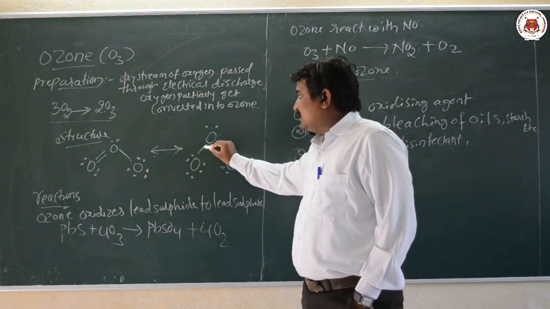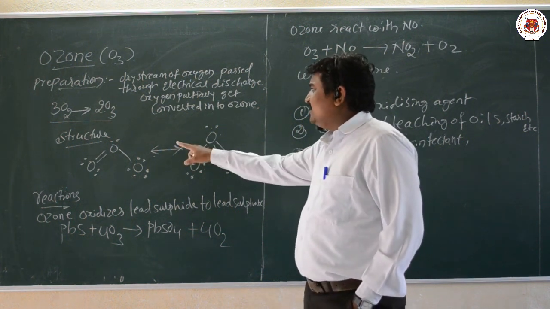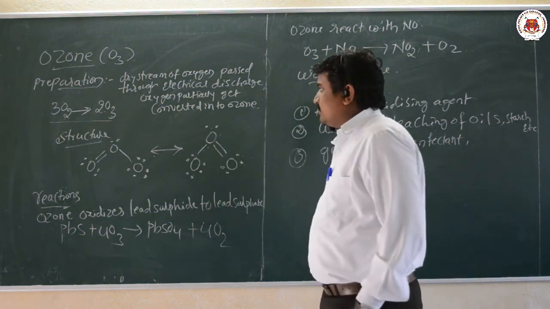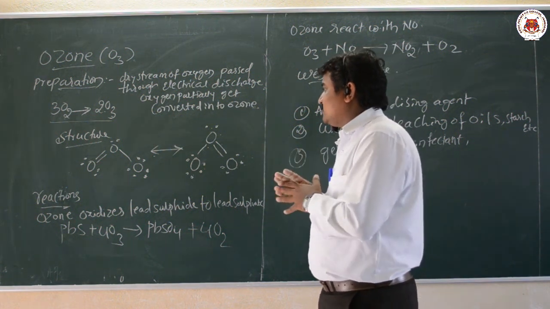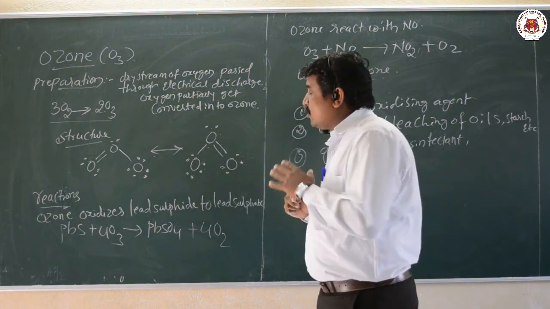That means one bond is equal to 2 electrons. These are the resonance structures of ozone, and in both cases each oxygen attains its octet.